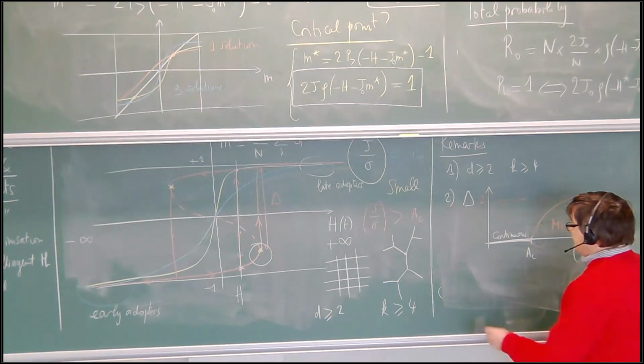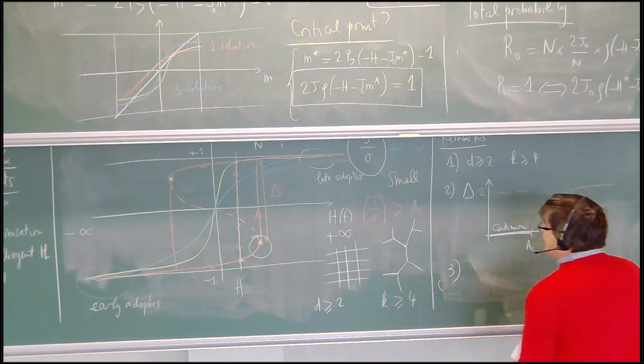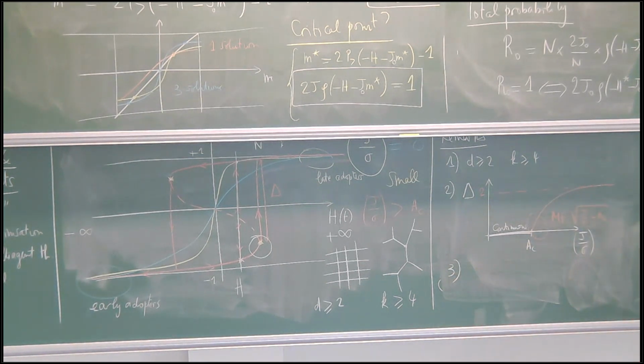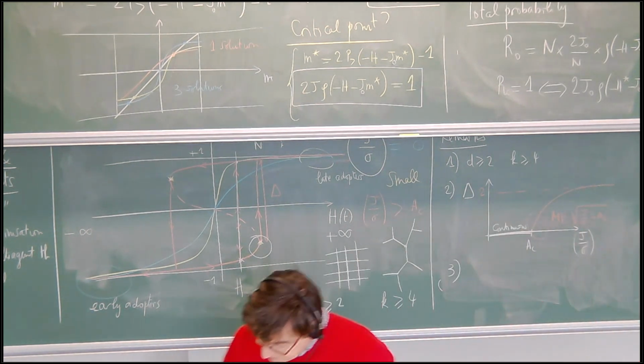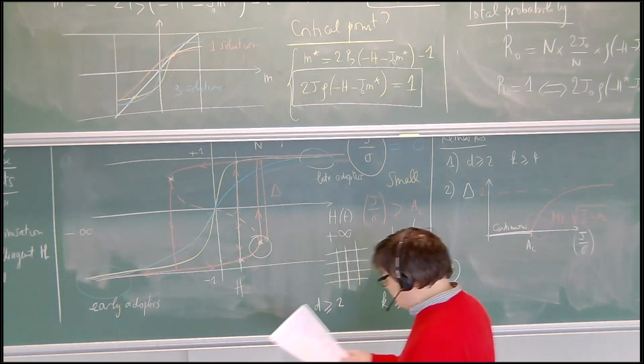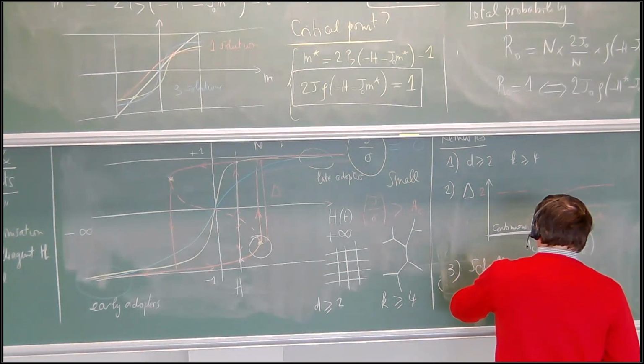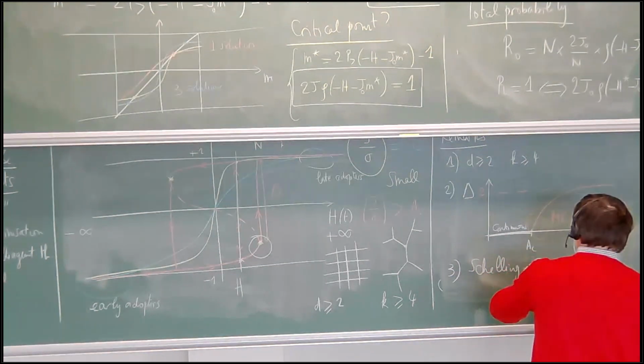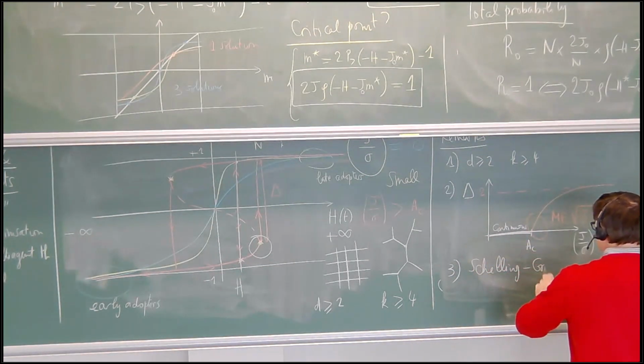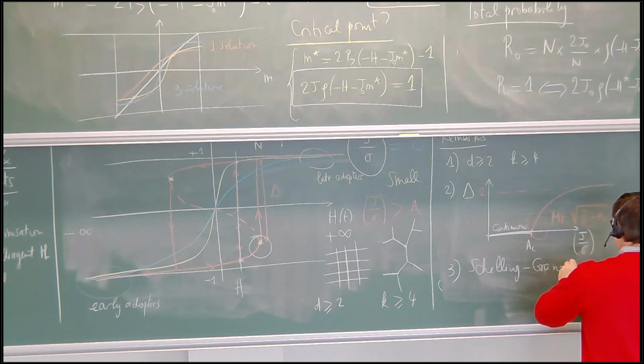And the third remark is that actually this random field Ising model has a long history also in social sciences and in economics, where a special case of this model is called the Schelling-Granovetter model.